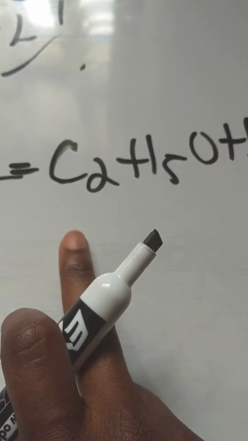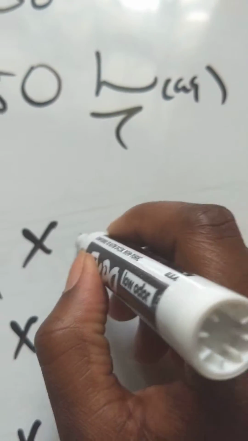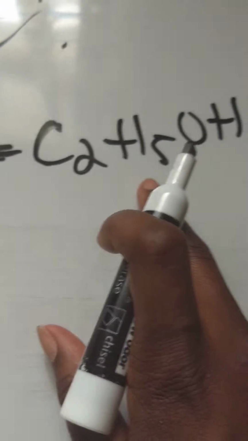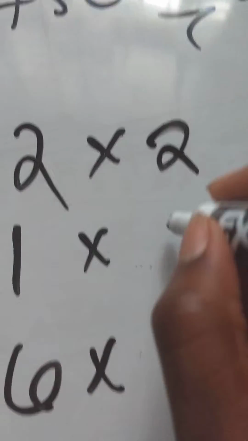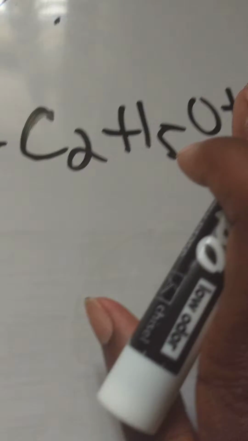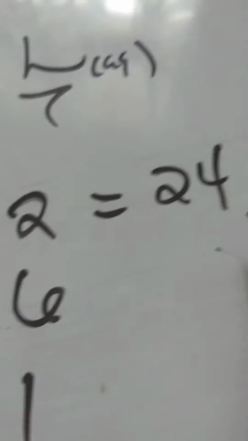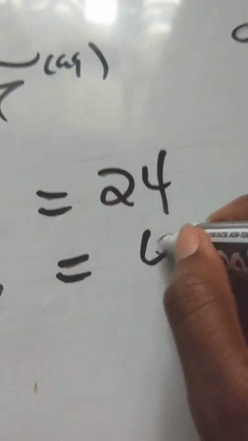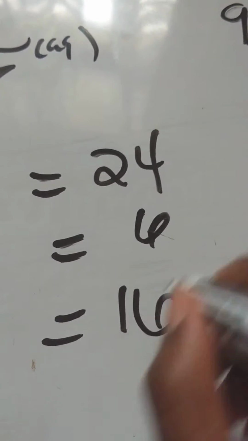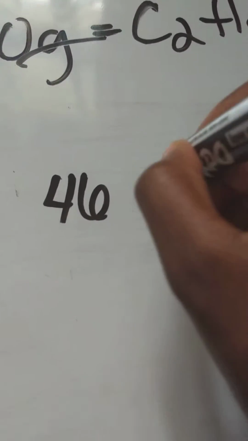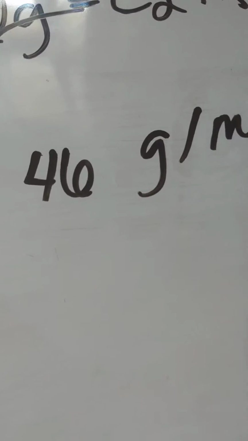So in this case, there are 2 carbon, 6 hydrogen, and 1 oxygen. This equals 24, this equals 6, this equals 16, to ultimately equal 46 grams per mole. Alright, we have our molecular weight.